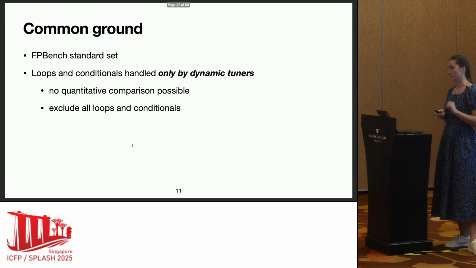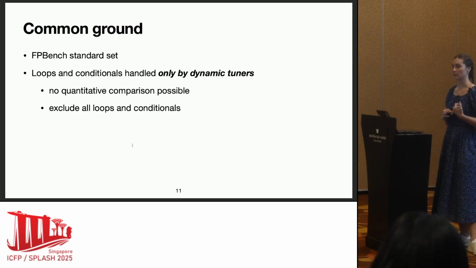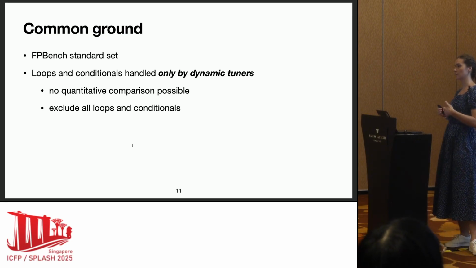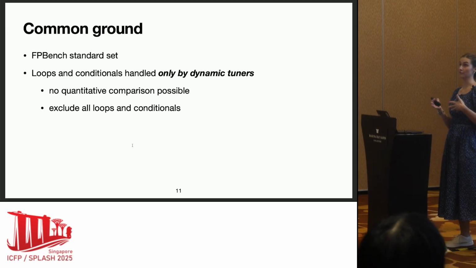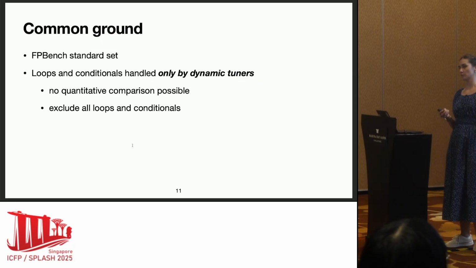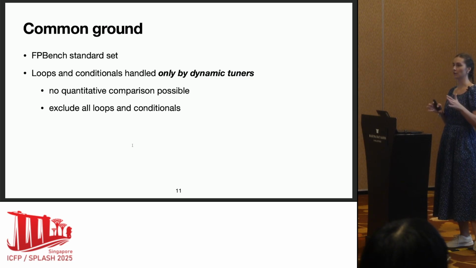But some of these benchmarks contain loops and conditionals, and currently none of the static tuners can handle such control flow statements without any pre-processing. So there would be no reference point for static tools, which is why we had to exclude them, and we only compare on the straight line code.